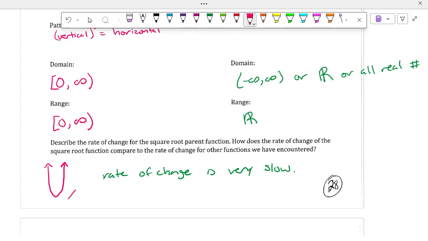Linear functions, we're used to them increasing, not necessarily super quick, but relatively quick. Exponential, they grow really quick. But square root does not. It still grows, it's just more at a snail's pace.